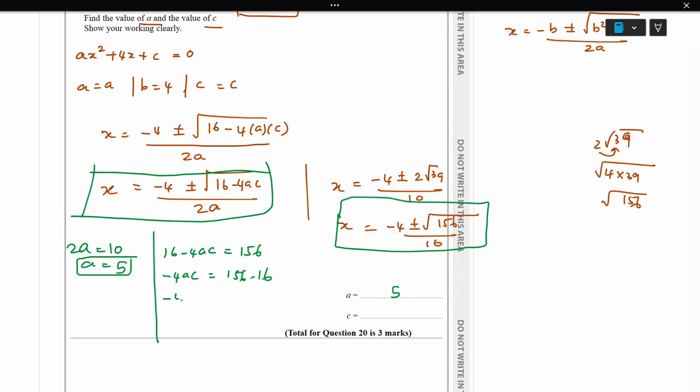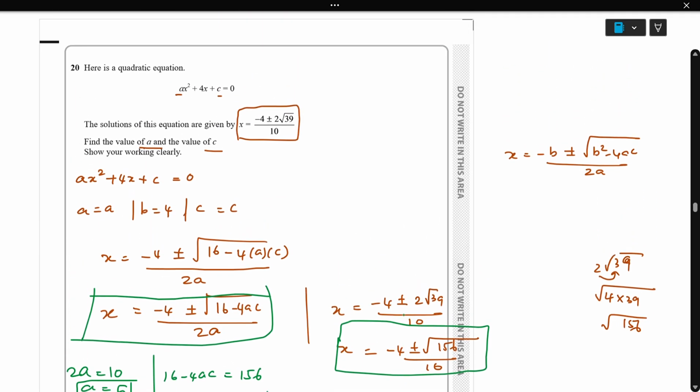So minus 4 times a, which we already know is 5, times c equals 140. So minus 20c equals 140, c equals 140 over negative 20, so c equals negative 7. So that's the answer for question number 20.